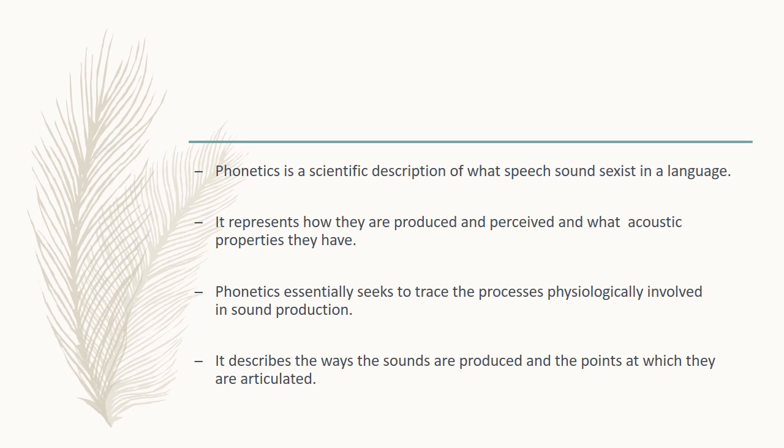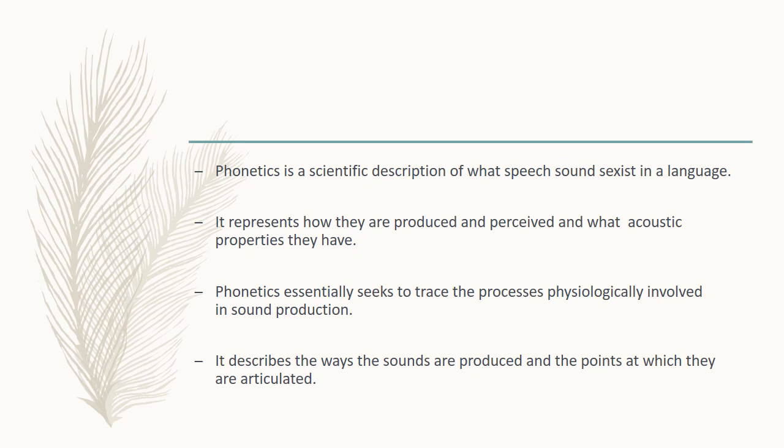Yes, because we talk about sound production, after this it's going to discuss how to make the sound: how to make the sound of vowels, how to make the sound of consonants, semi-vowels, diphthongs, triphthongs, and so on.